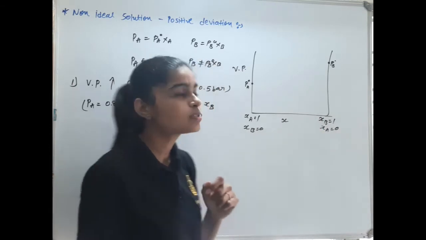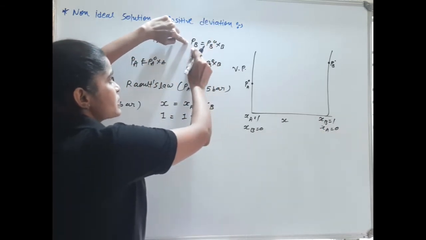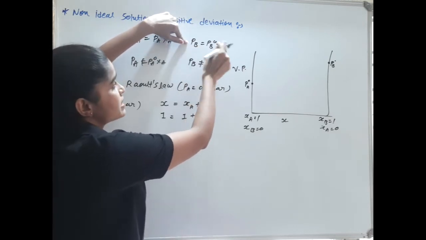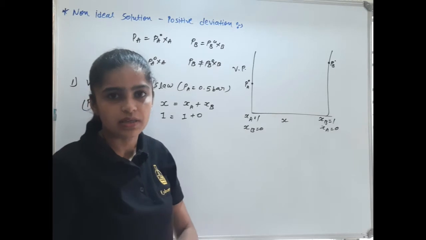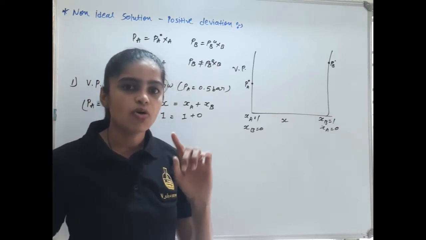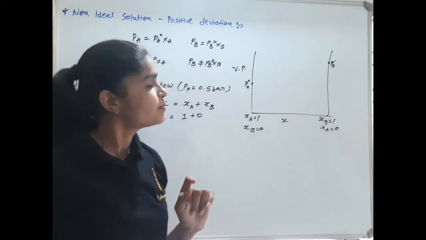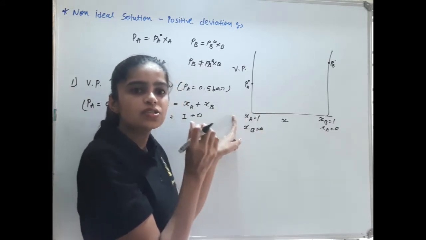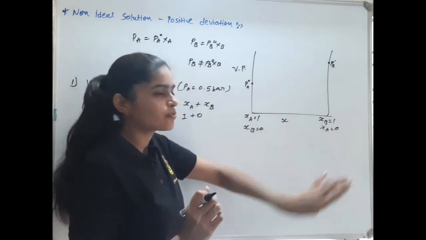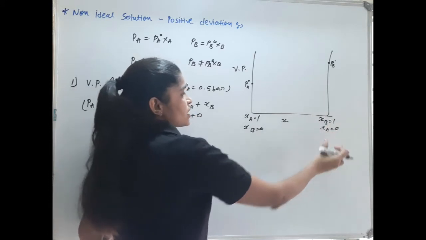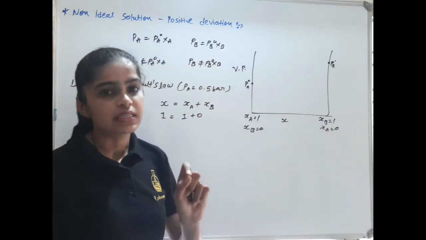We know that Raoult's law says the partial vapor pressure PB is directly proportional to the mole fraction. It means that when the mole fraction decreases, vapor pressure decreases, and when mole fraction increases, vapor pressure increases. In this case, XA equal to 1 means the highest mole fraction and XA equal to 0 means the minimum mole fraction, so the vapor pressure is minimum.